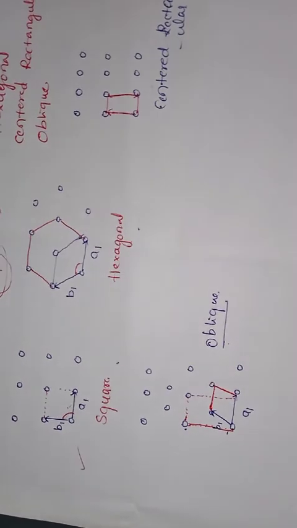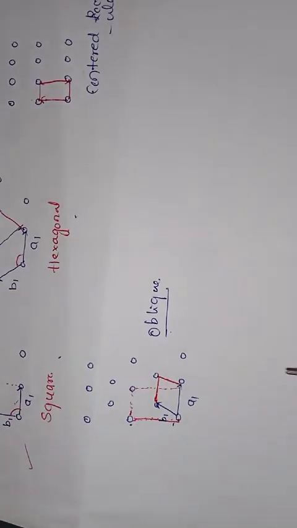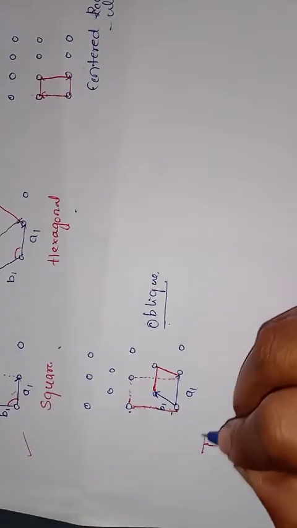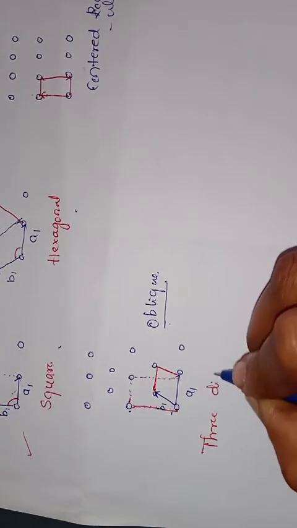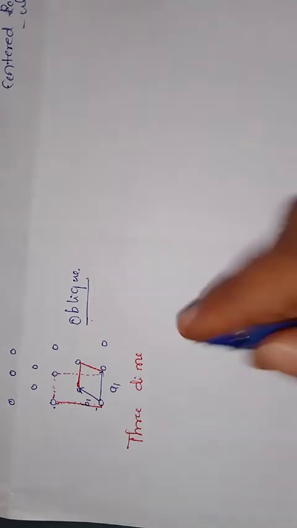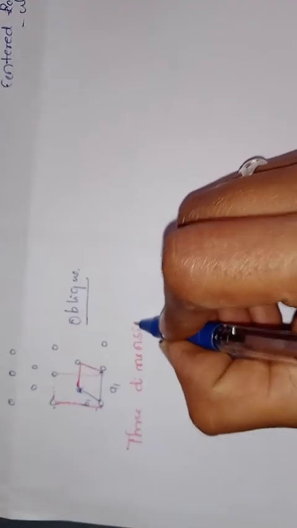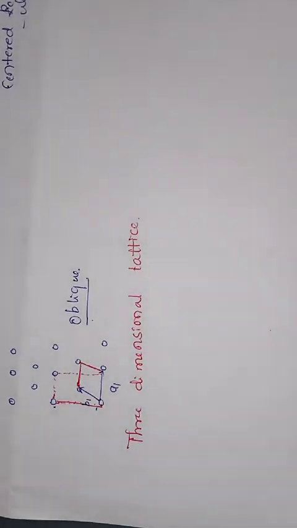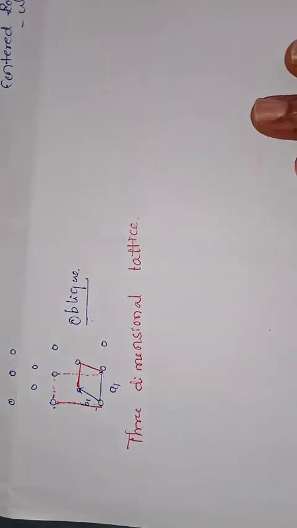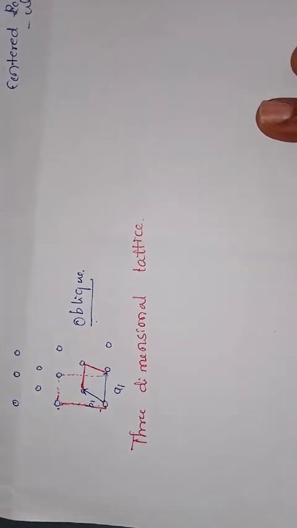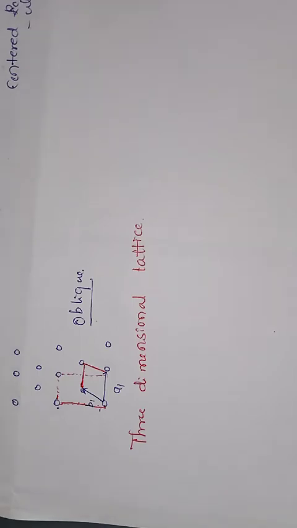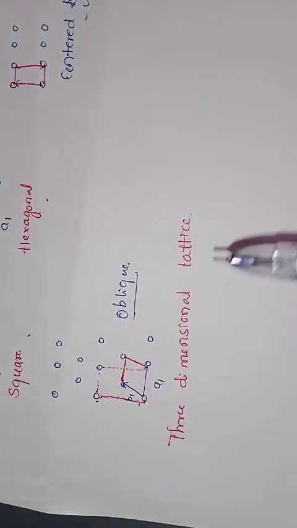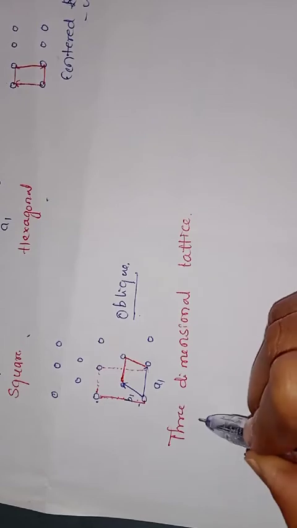Then there are the three-dimensional lattice types. Let's write. Three-dimensional lattice types: the crystal systems are divided into 7 types. If 5 are there, those are Bravais lattices.